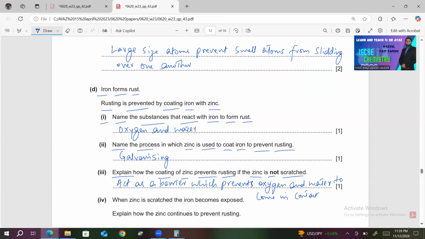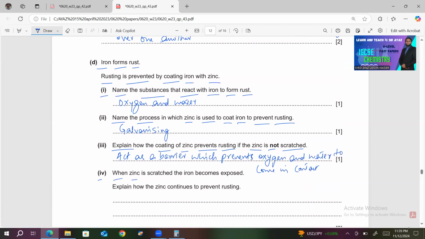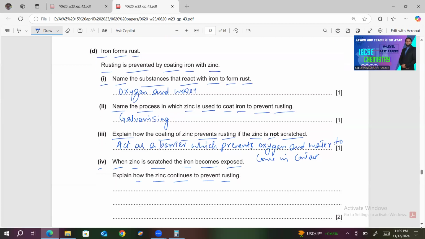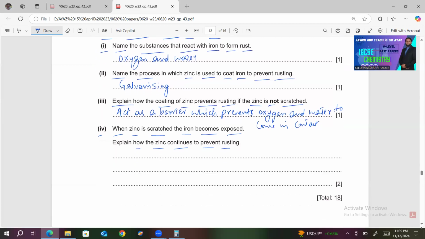Or reaching iron. Number 4, when zinc is scratched, the iron becomes exposed. Explain how the zinc continues to prevent rusting. So definitely zinc oxidizes in preference to iron. So zinc loses electrons. First of all, you like to refer to the position of zinc.